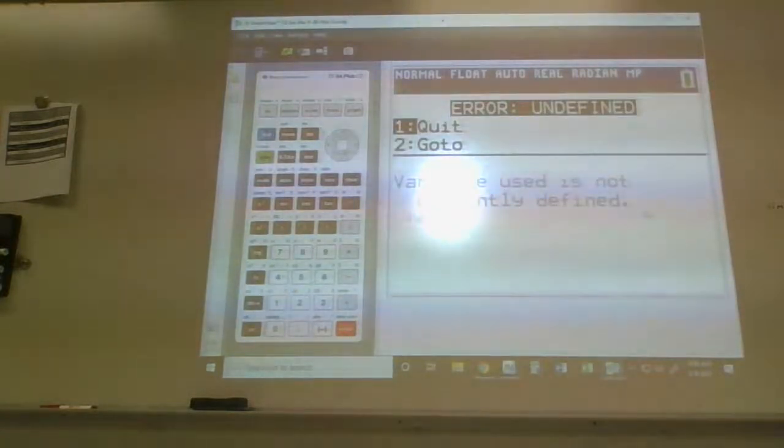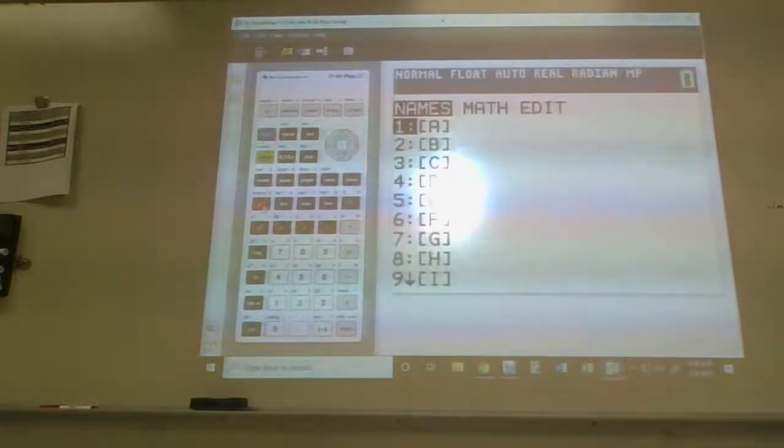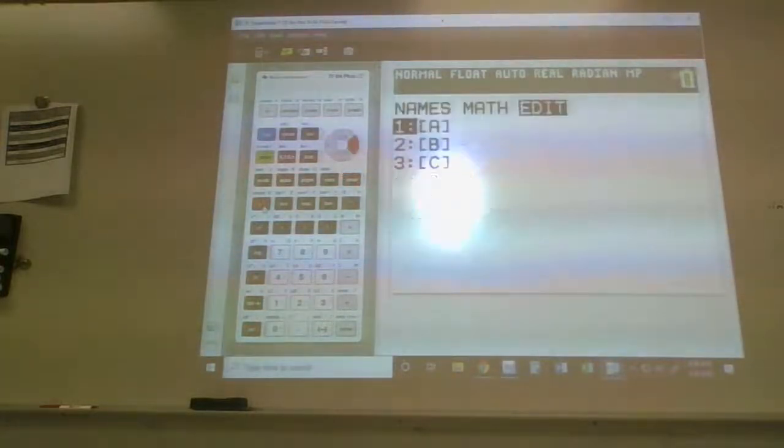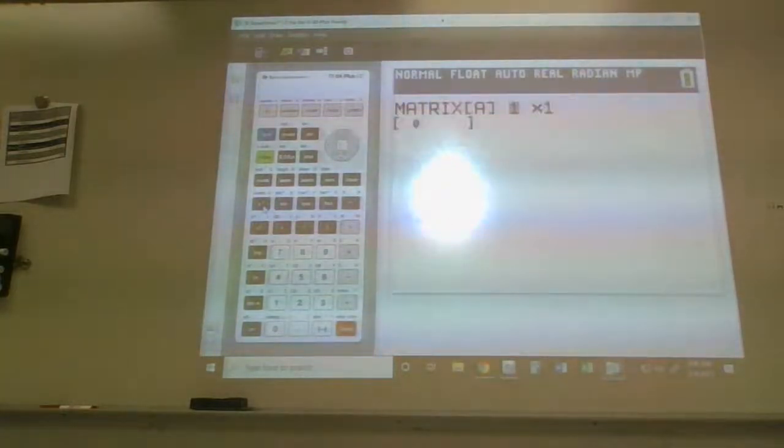It's undefined, because you have to define the matrix. So what you're going to do is this. Second matrix, you're going to go over to edit. Ms. Markey, it's the exact same list. I know, but you're going to go over to edit. And when you're on edit, hit enter on the first one, and it'll take you to this screen right here.